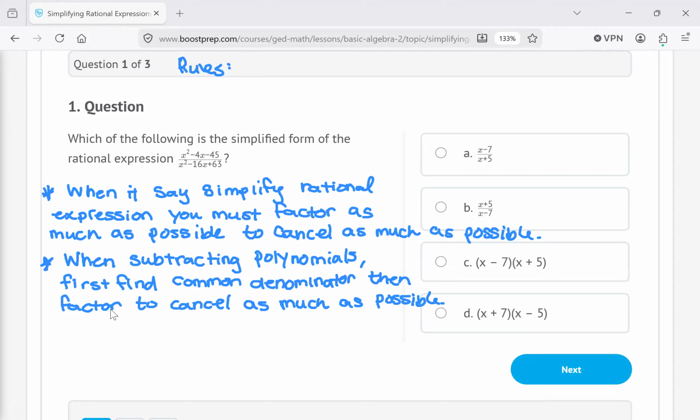Yeah, when subtracting polynomials, first find a common denominator, then factor to cancel as much as possible.